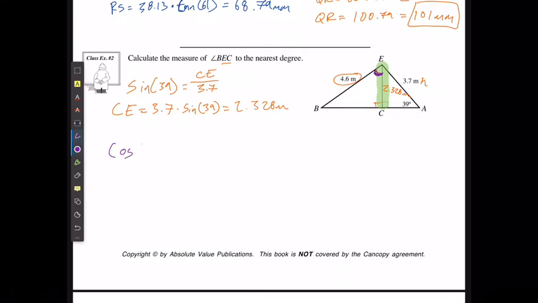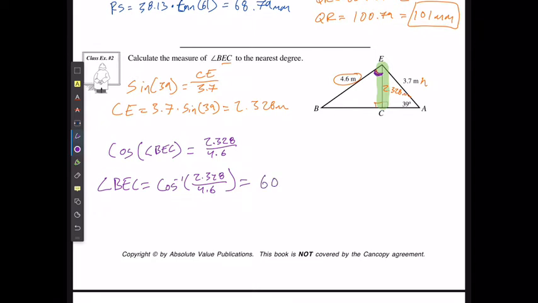Cos of angle BEC is going to equal 2.328 divided by 4.6, which means that angle BEC is going to equal cos to the -1 of 2.328 divided by 4.6. And in this case, it's going to give me 60 degrees to the nearest whole degree.